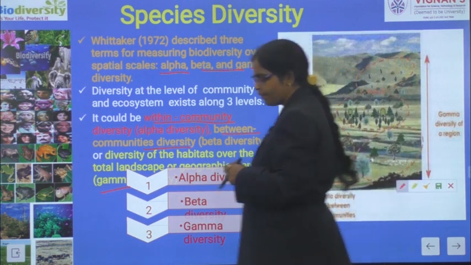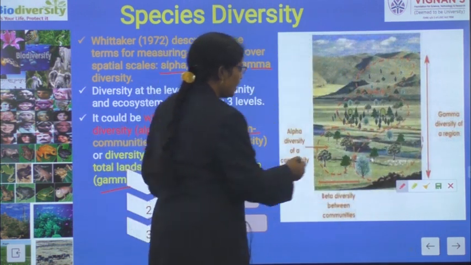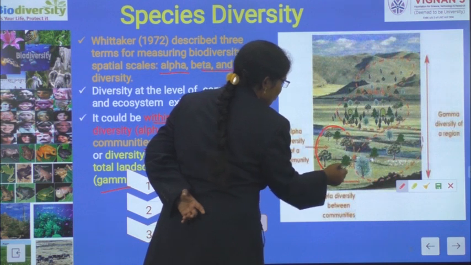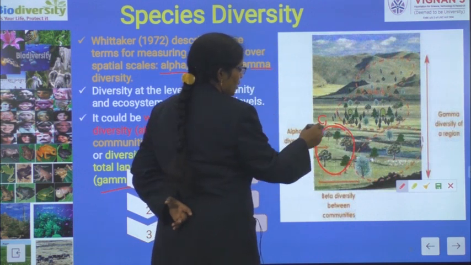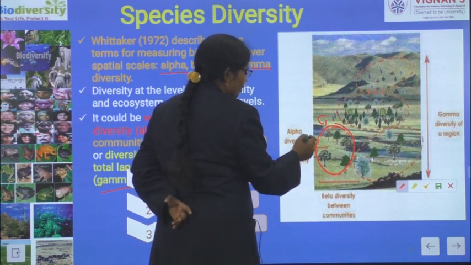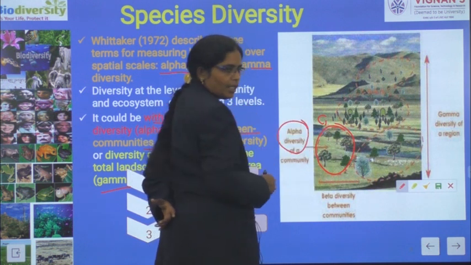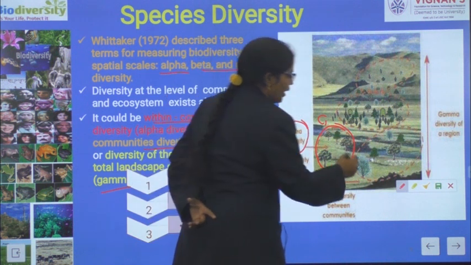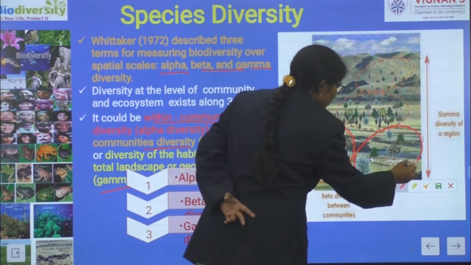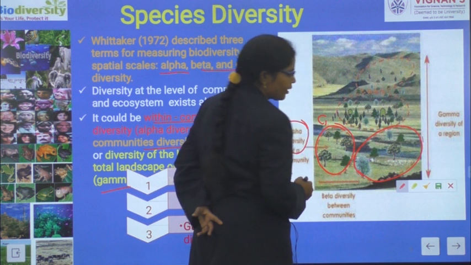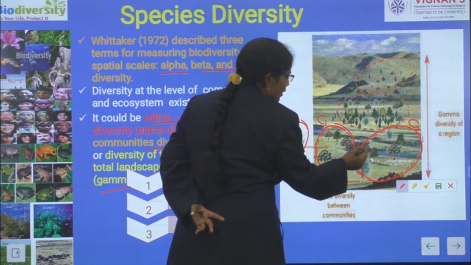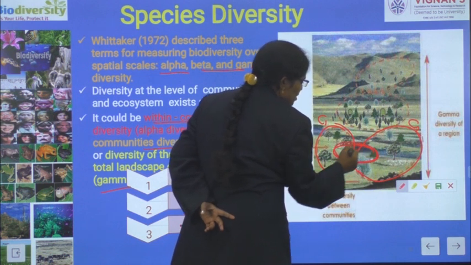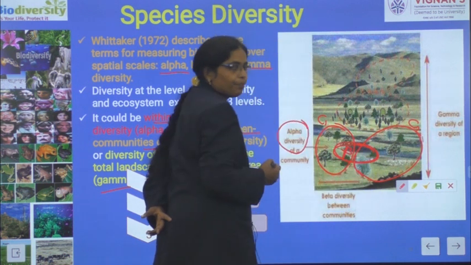Here in this picture we can observe, for example, this is one particular community, community 1. The diversity within this particular community is called alpha diversity. And take another community where plant species are there, this is community 2. The diversity between these two is called beta diversity.